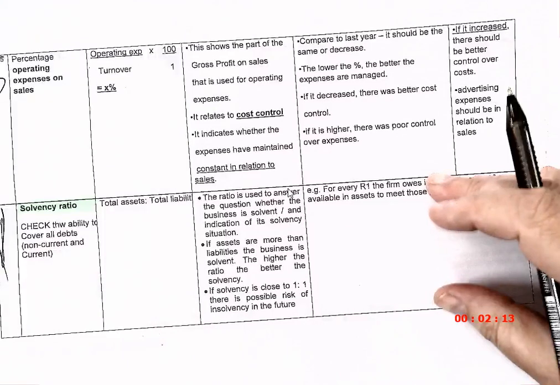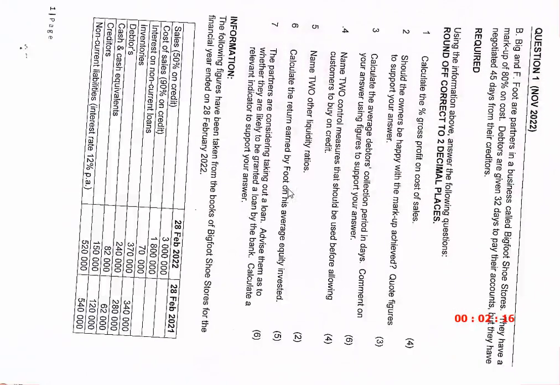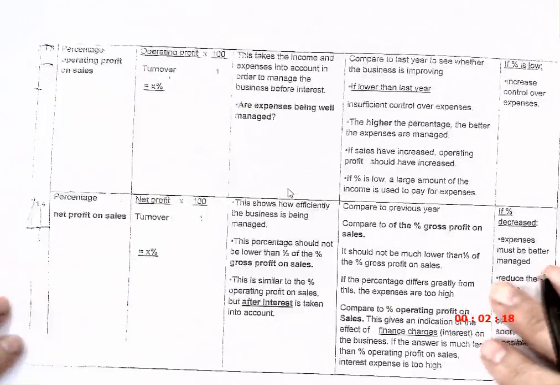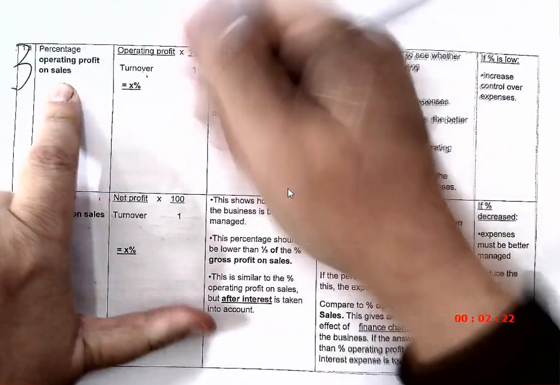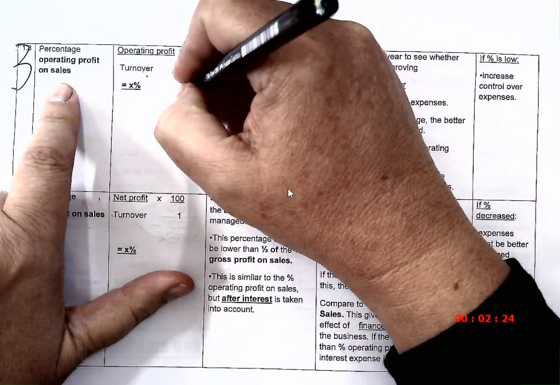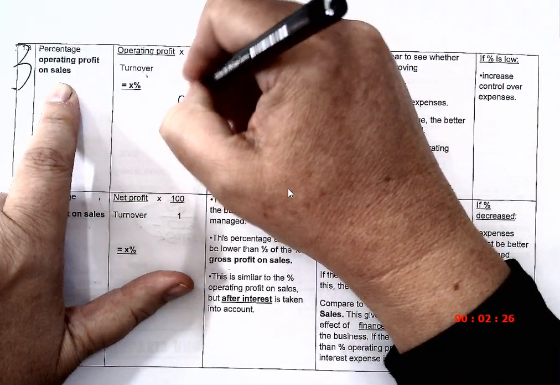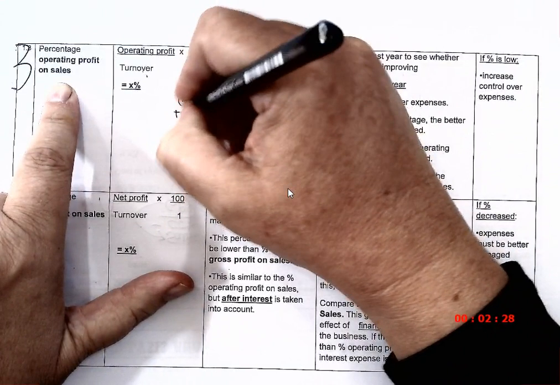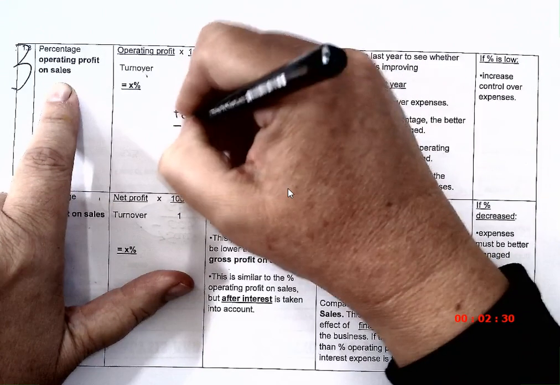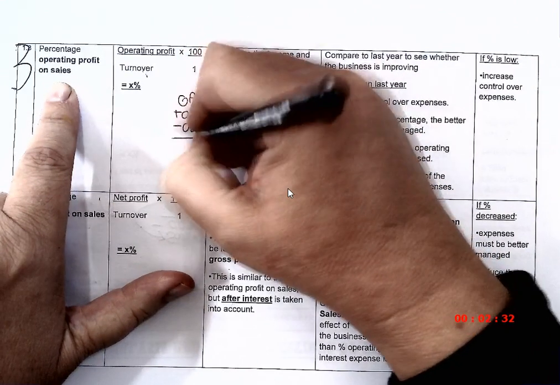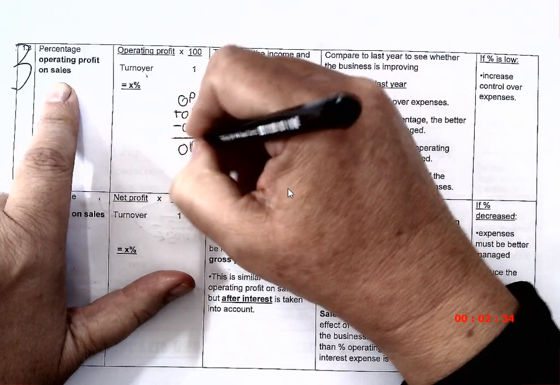Okay. So, number 3. This is the operating profit on sales. So in other words, now I'm going to start with gross profit plus operating income less operating expense gives me operating profit.